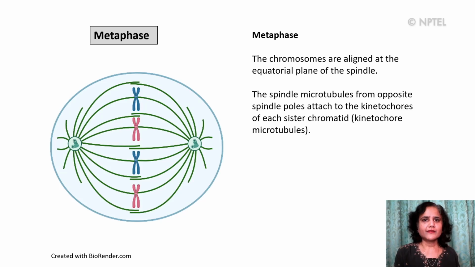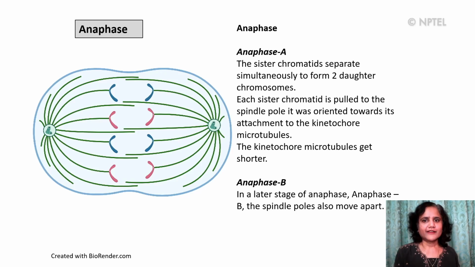In metaphase, the chromosomes are aligned at the equatorial plane of the spindle. The spindle microtubules from the opposite spindle poles, they attach to the kinetochores of each sister chromatid. These are referred to as kinetochore microtubules. In anaphase, the sister chromatids separate simultaneously to form the two daughter chromosomes.